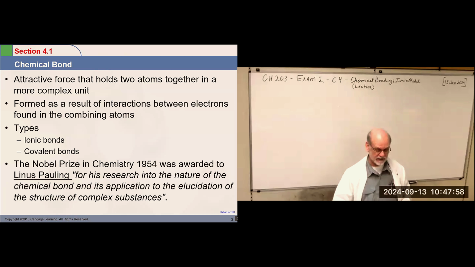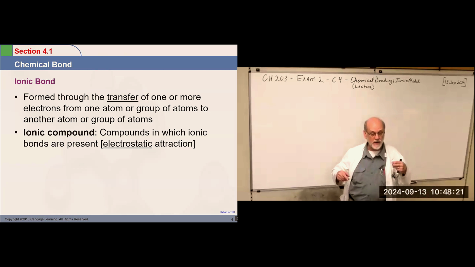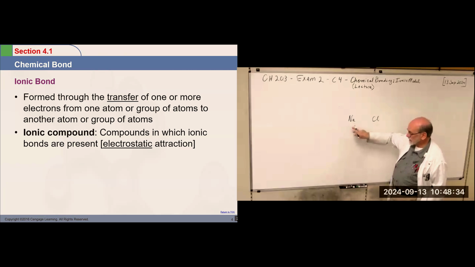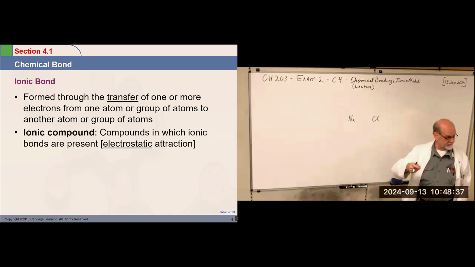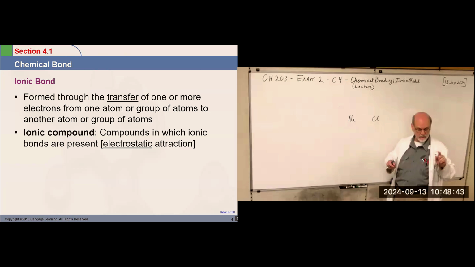So this ionic bond is the consequence of transfer of electrons. So, for example, if we have a neutral atom of sodium and a neutral atom of chlorine, metals like to give up electrons. And in fact, the alkali metals like to give up one electron. That's it, just one electron. They'll be happy to give it up.